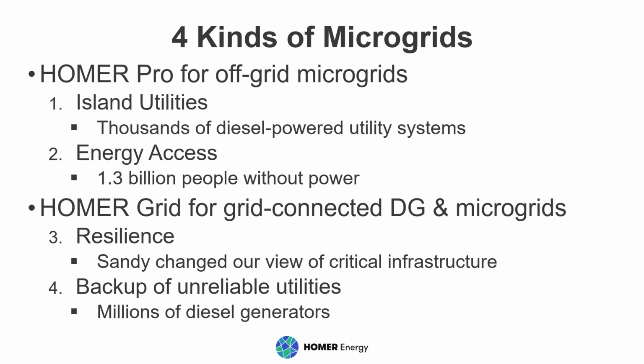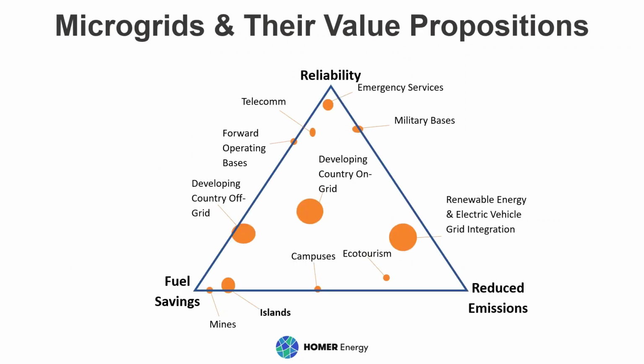So microgrids are a clean, quiet, lower maintenance way to back up the utility company. Those are pretty distinct markets, so we like to think of them separately. But HOMER is really designed for all 4 of those markets.